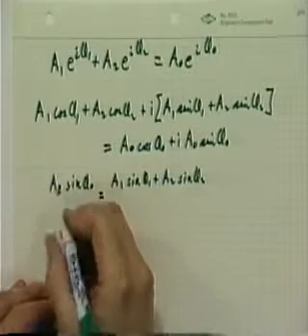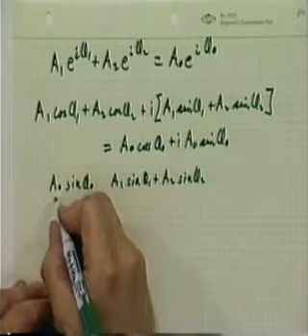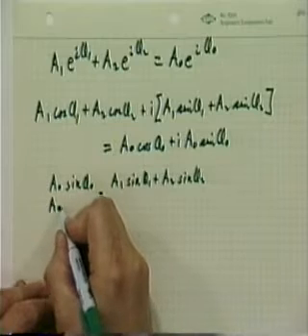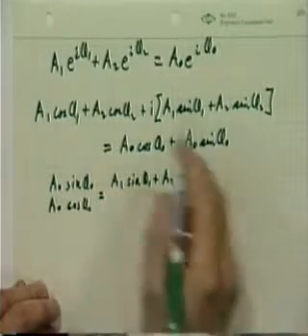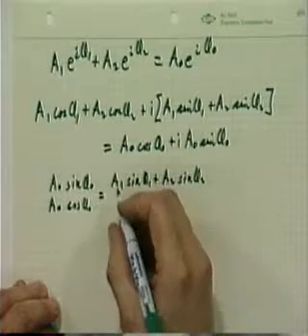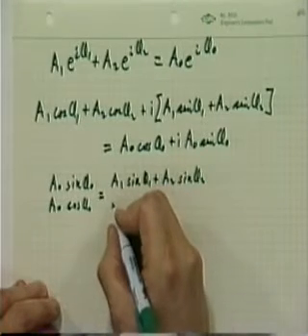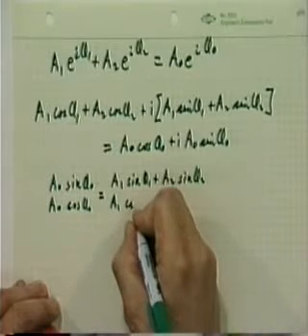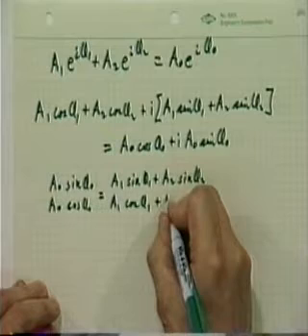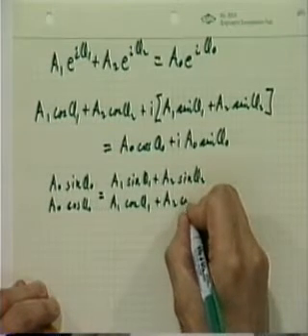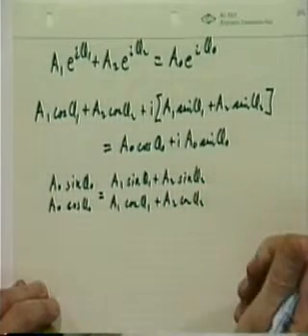And we have that A naught cosine phi naught, setting the real parts equal, is equal to A1 cosine phi 1 plus A2 cosine phi 2.